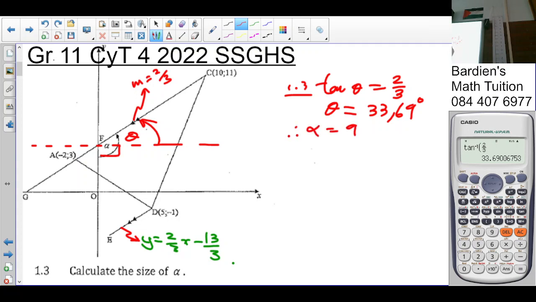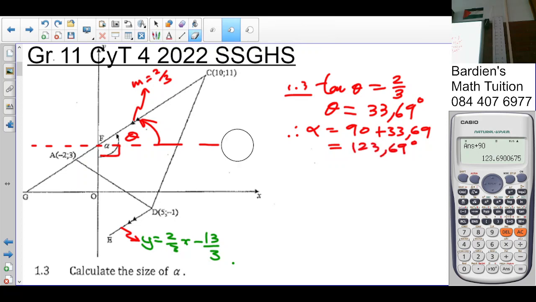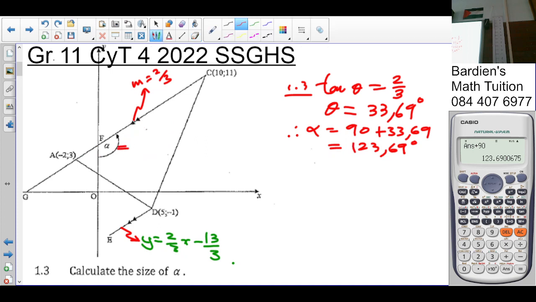Therefore alpha is equal to 90 plus 33,69, that gives us 123.69. Okay, what I'm going to do is I'll take this off here. Let's say the alpha is 123.69.